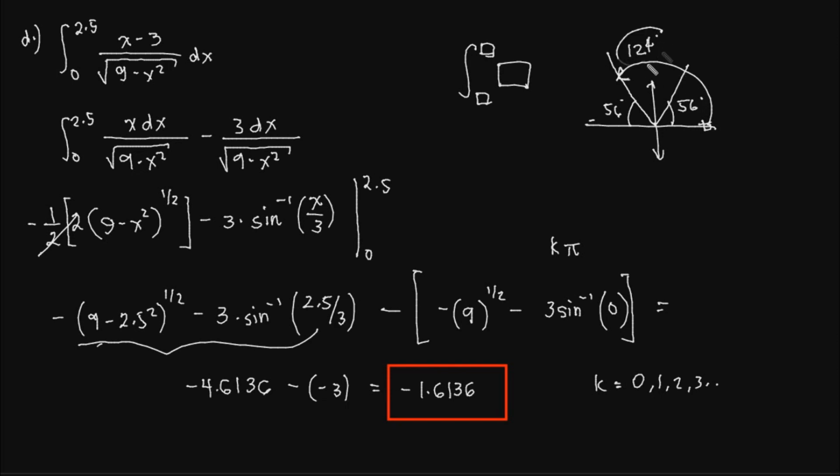But in this case, if you use 124 dito, magre-reflect is a larger value of your angle. That's why this is kind of different. It will give you a different answer. But remember dito, we will try to use always the angles na mas malapit sa positive x-axis. Okay, so, yun lang yung medyo notes ko dito sa first problem natin.